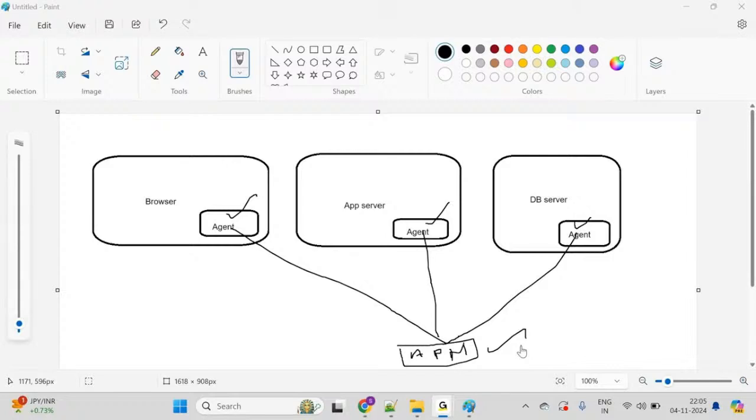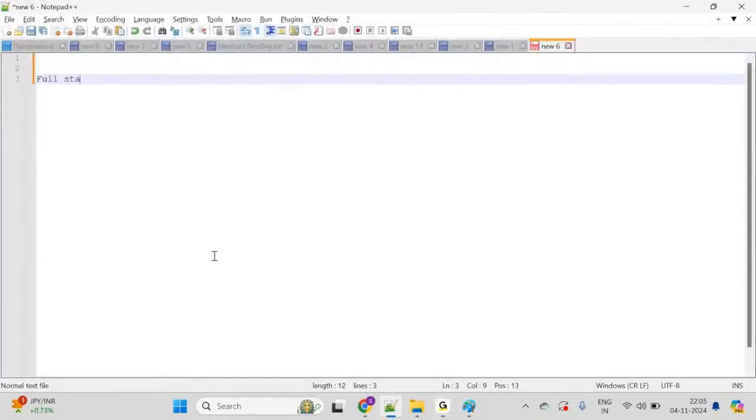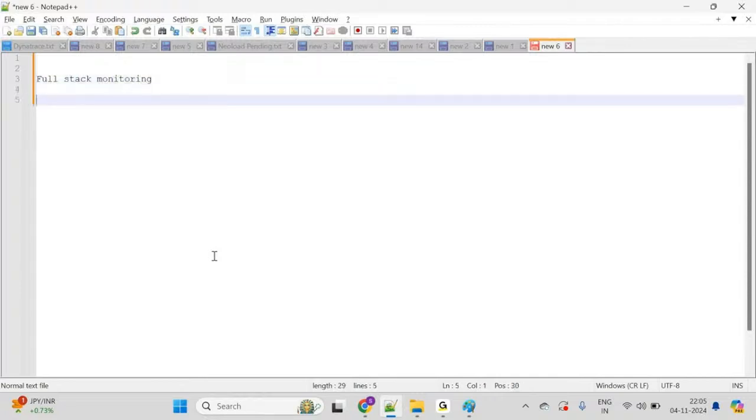It will provide you layer by layer information. That is the reason Dynatrace is also called a full stack monitoring tool, because it is going to monitor all layers end to end.